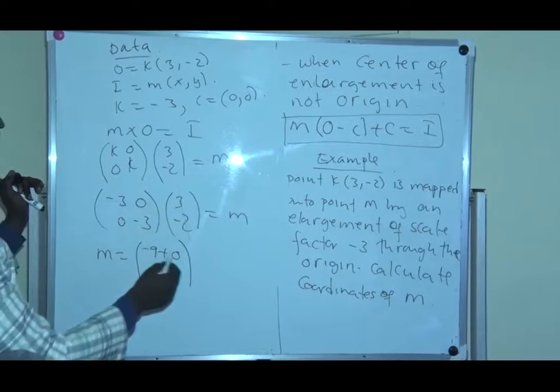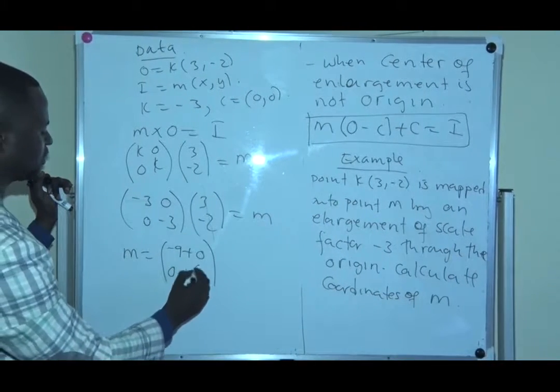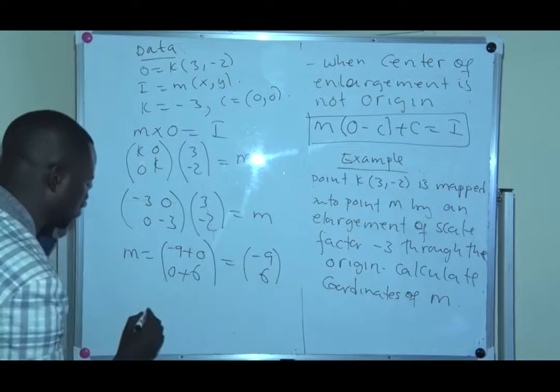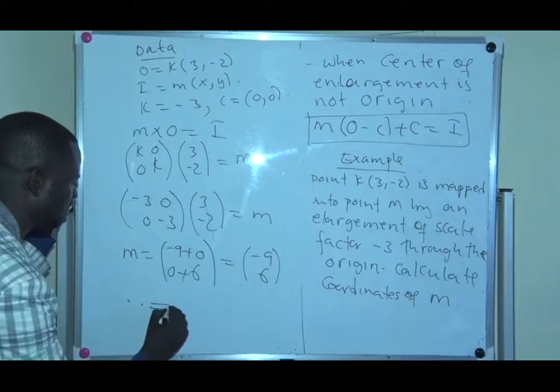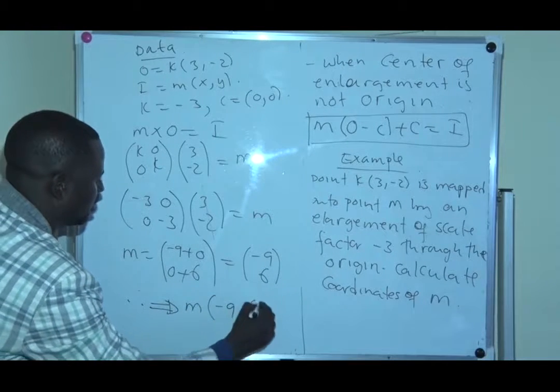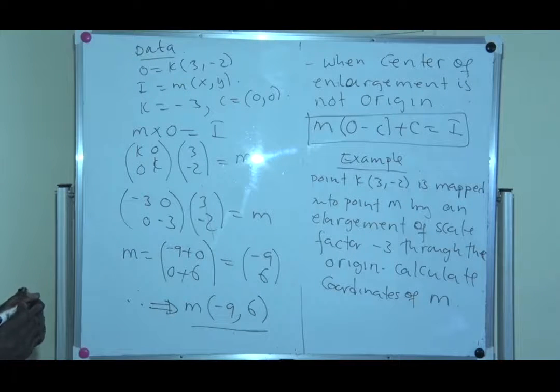Also row times column: 0 times 3 is 0, plus -3 times -2 is positive 6. So this will be (-9, 6). Therefore, M is (-9, 6). So this is the coordinate of M.